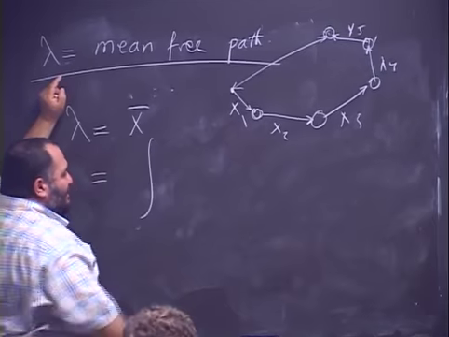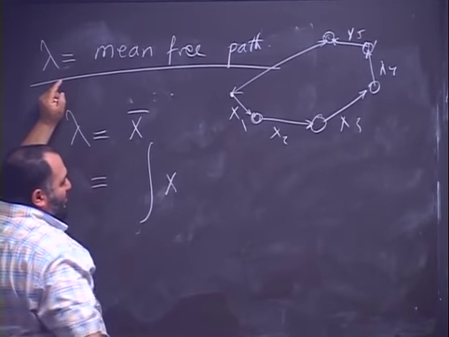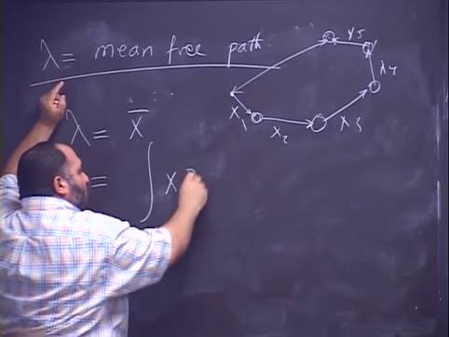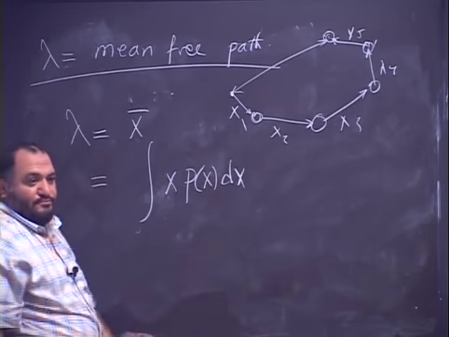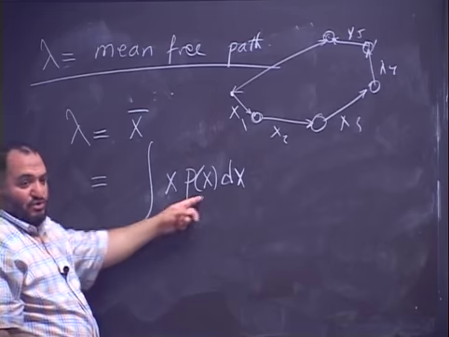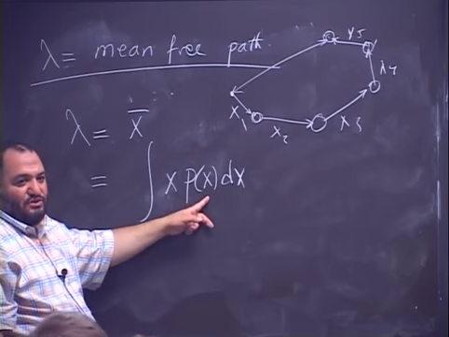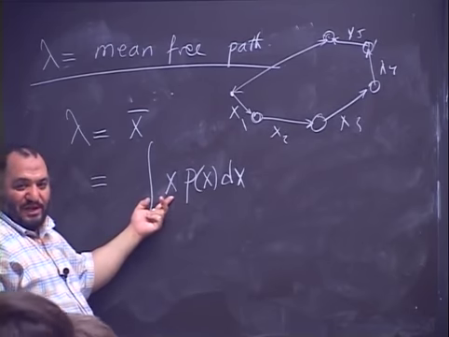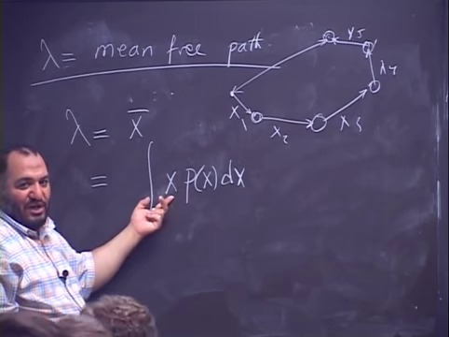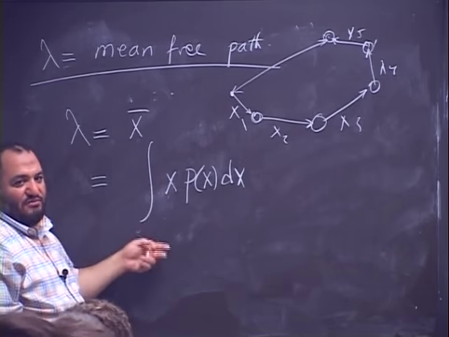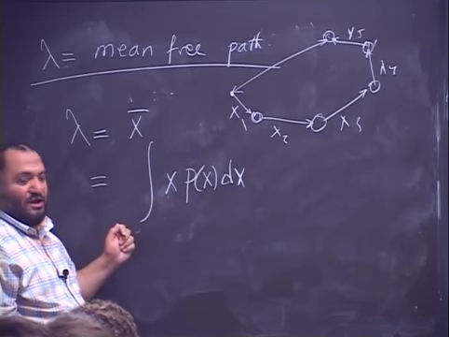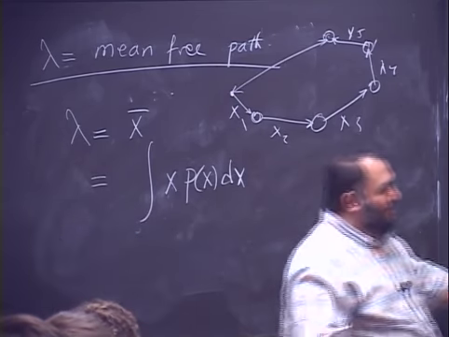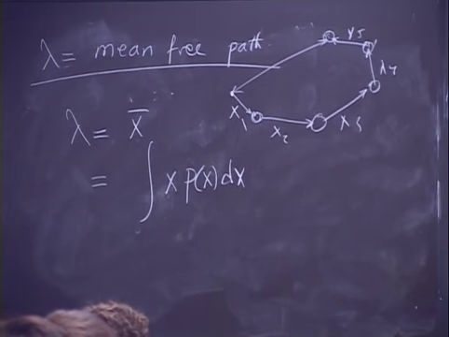In statistics, usually you calculate the average by averaging over a probability distribution function. Yes? So if you have a probability distribution function, you multiply it by the quantity that you want to average, then you integrate from 0 to infinity or from whatever you want. Okay? This will give you the average. What is the probability distribution function in our case? It's this one.